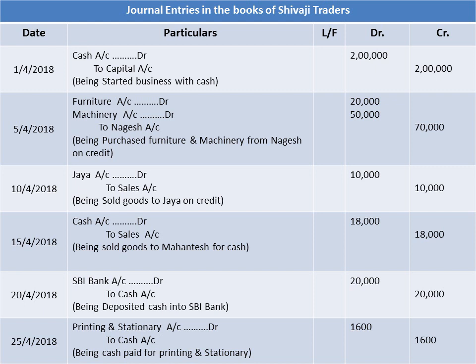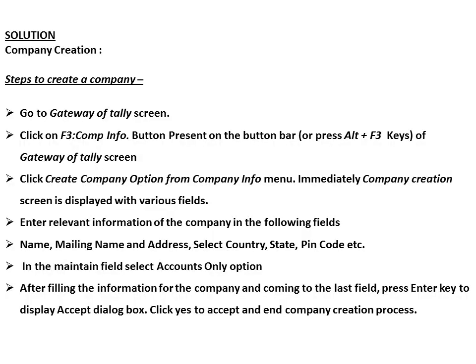SBI bank account debit to cash account, being deposited cash into SBI bank. The same thing in the last transaction: paid rupees 1600 for printing and stationery. Printing and stationery account debit to cash account, being cash paid for printing and stationery.